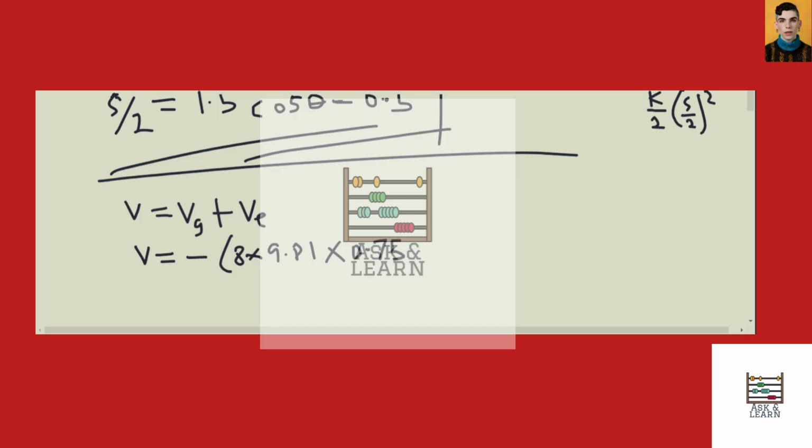Since we are looking at W and y substitute 1, we are into y substitute 1 now, cos theta. So we have that.